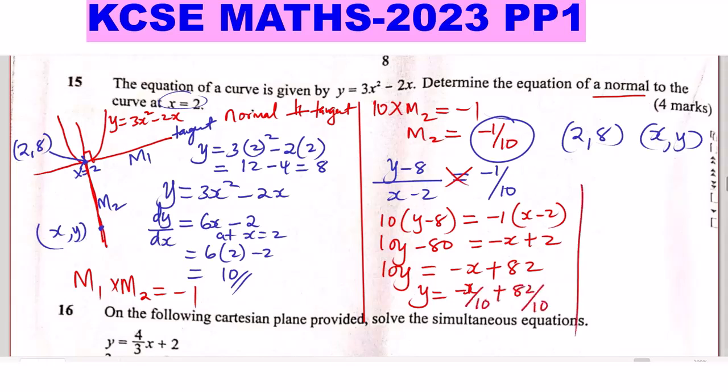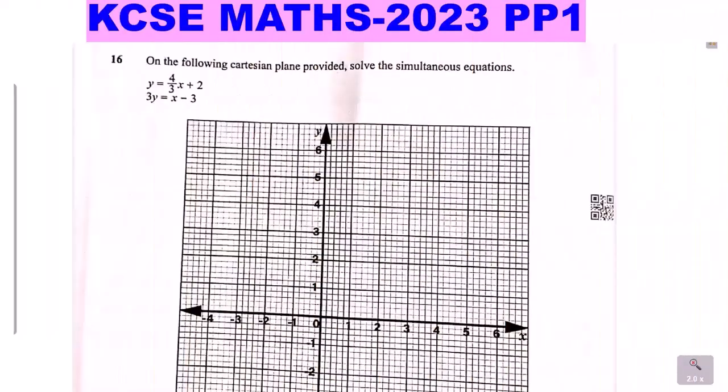And this one we can simplify to y equals -x/10 plus 41/5. And that is the equation of the normal at x equals 2.